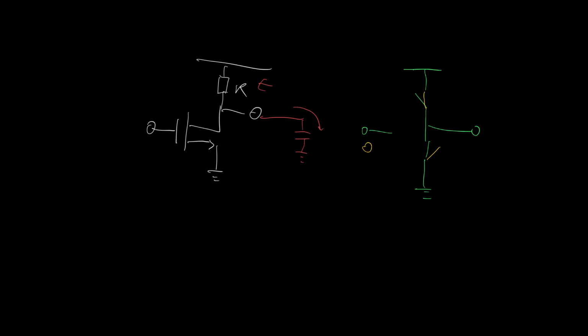If on the other hand the input is a logic 1, then we want this switch to be closed and this switch to be open. It should also be obvious that we never want both switches to be open at the same time, because that would leave the output just dangling, and we don't want both switches to be closed at the same time, because that would give us a short circuit.